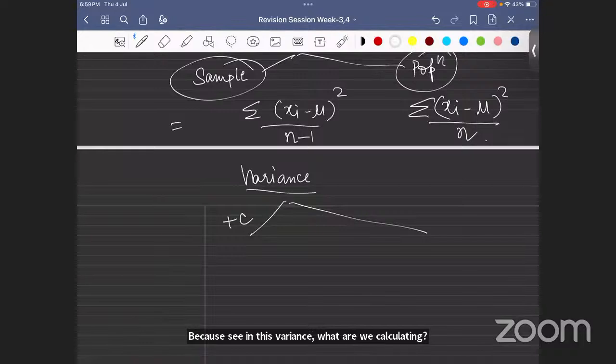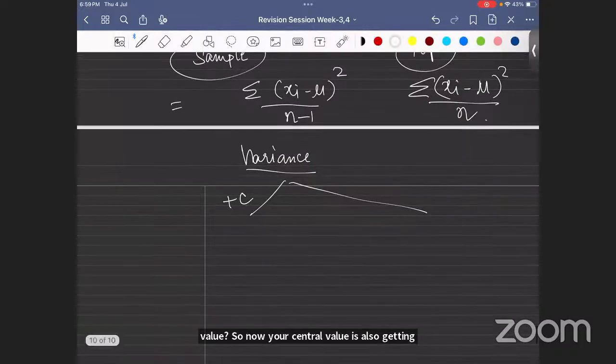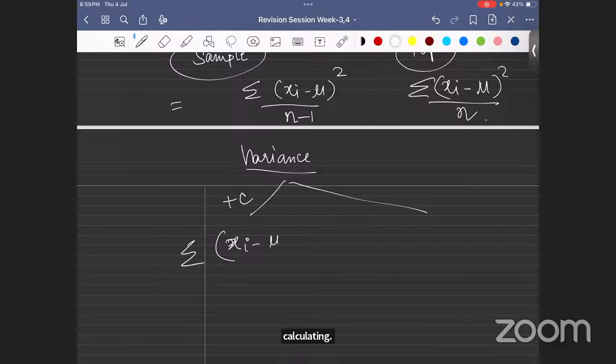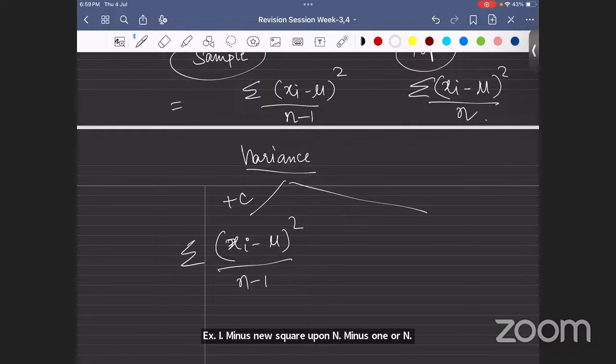How the data point is varying from your central value. Now your central value is also getting impacted. In the variance, you are just calculating the summation of (xi minus mu) whole square upon n minus 1 or n, depending on whether you are calculating for the sample or the population. Let's take the sample, for example.